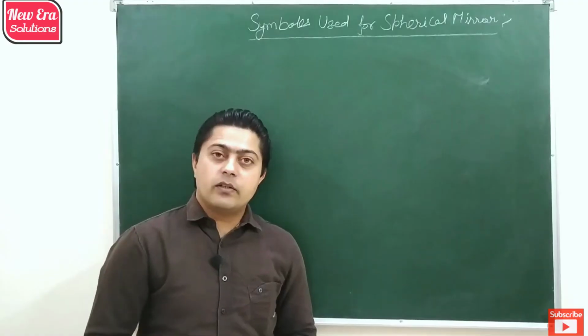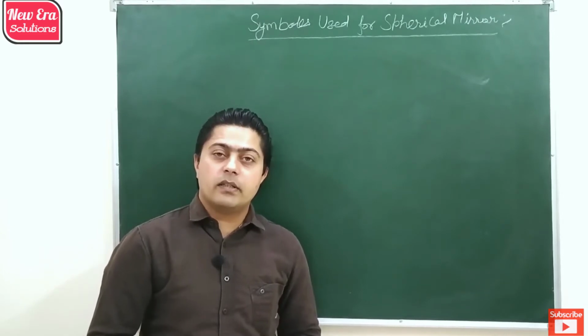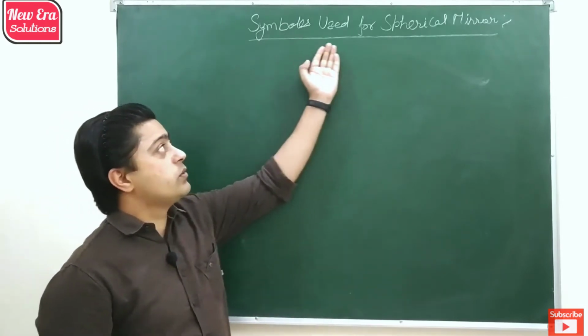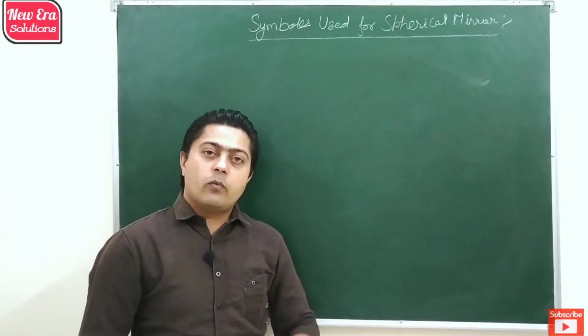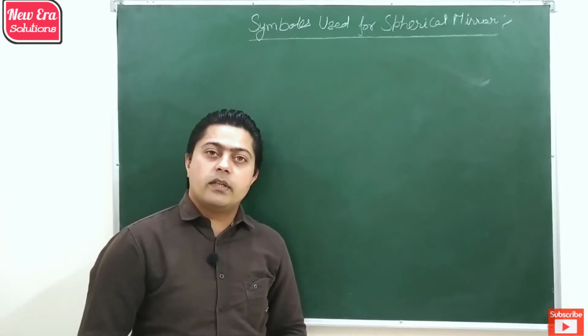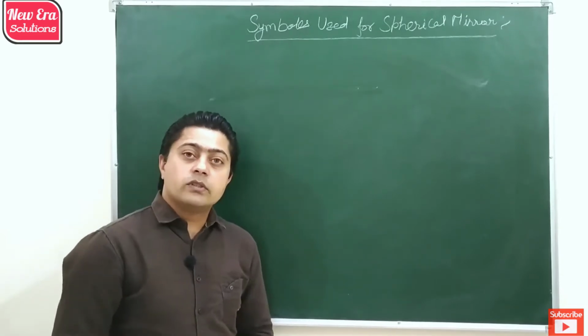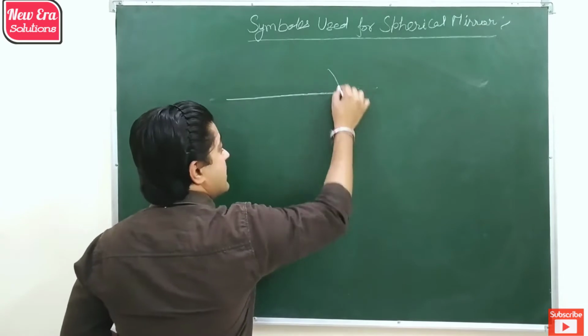As in the last video we discussed the various cases of image formation by spherical mirror. Now we are going to discuss the symbols used for spherical mirrors. As we know, when an object is placed in front of a mirror, its image is formed by the mirror. Then we use certain symbols to represent the distances.